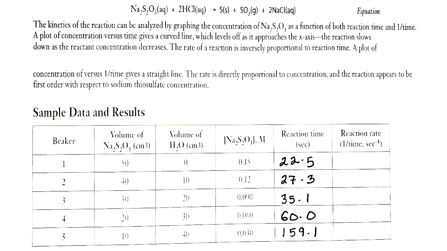So if we find the reaction rate, 1 over time in seconds, we will get the first one as 0.0444. The second one will be 0.0367.